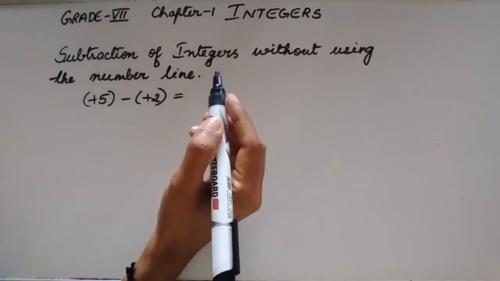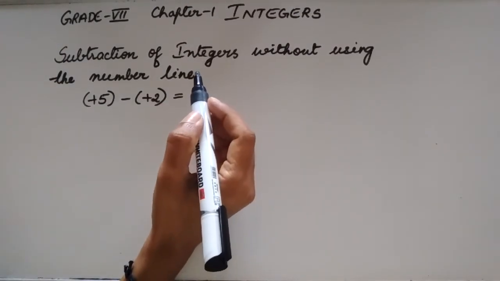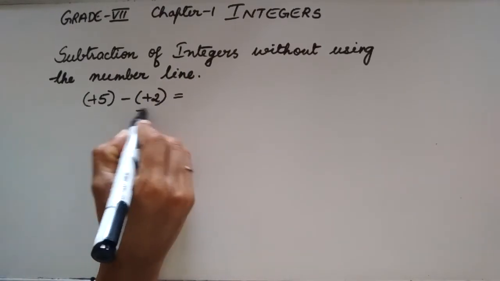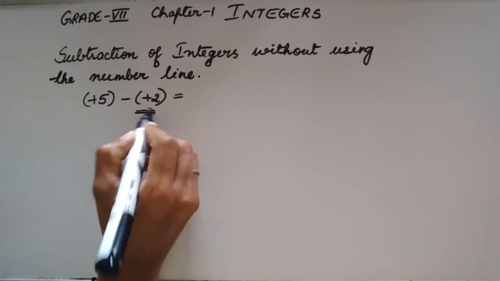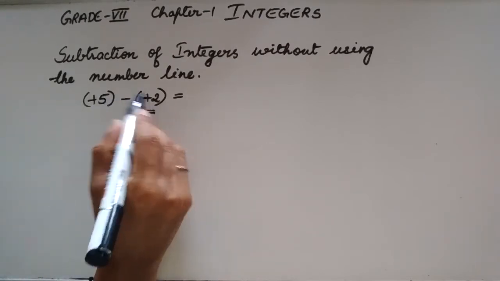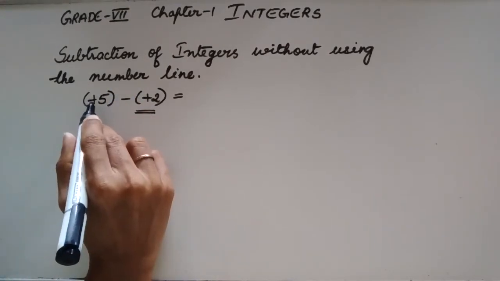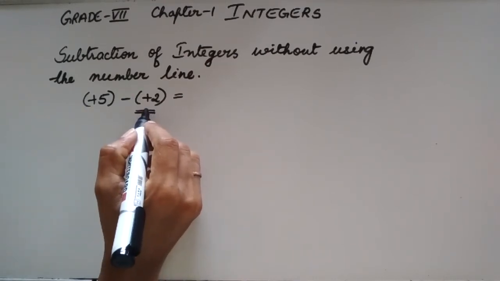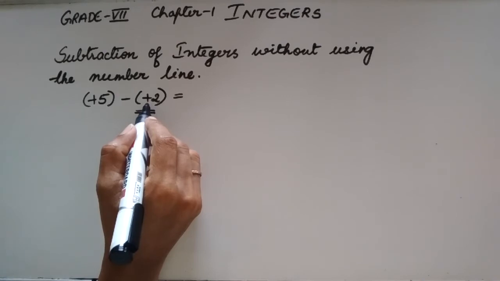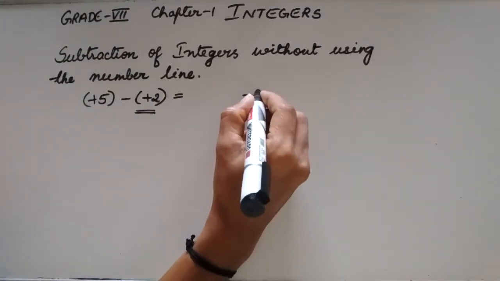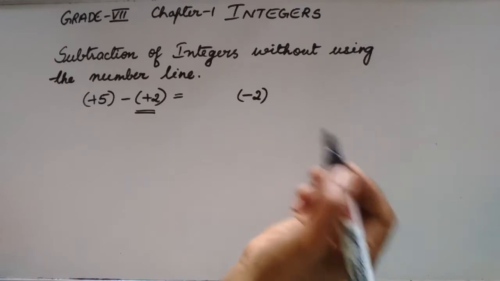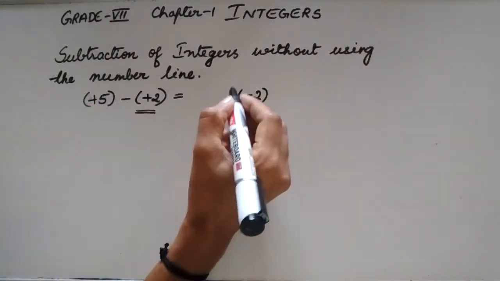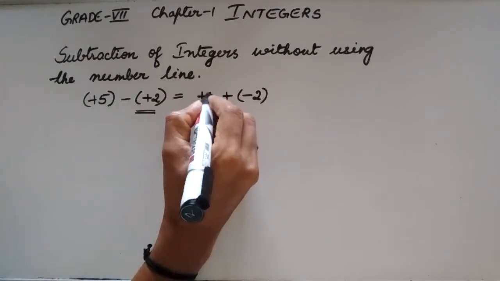I told you, I have to add the additive inverse of the integer which is being subtracted. So this is the integer which is being subtracted. What is the additive inverse of plus 2? It is minus 2, isn't it, students? So this should be added to plus 5.